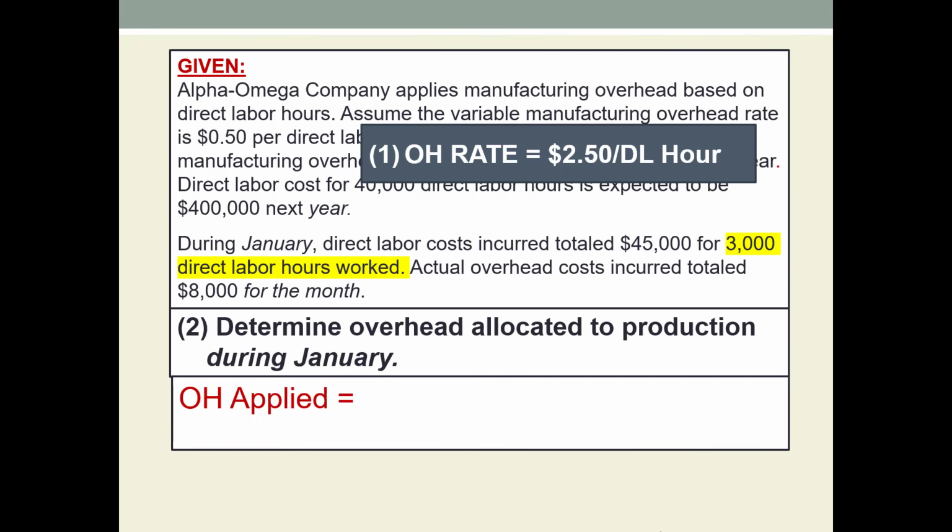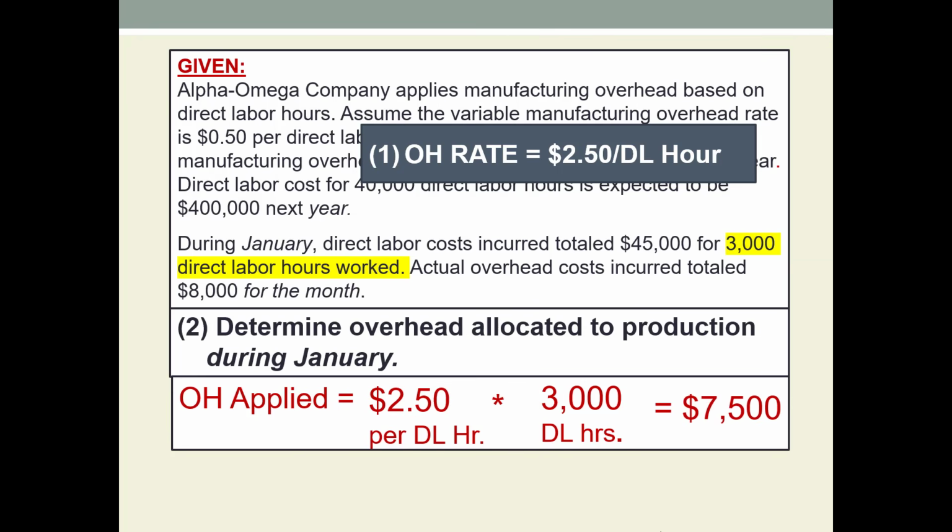So overhead applied, we'll take that $2.50 and we'll multiply by actual activity. Since our rate is per labor hour, the activity we focus on is actual labor hours. We will apply or assign $7,500 of cost to inventory for overhead.